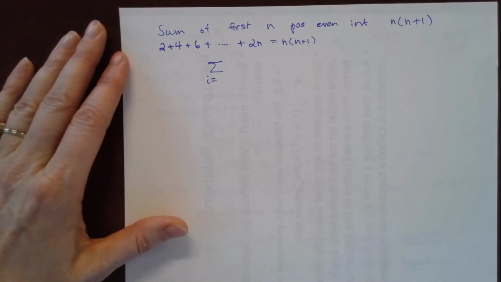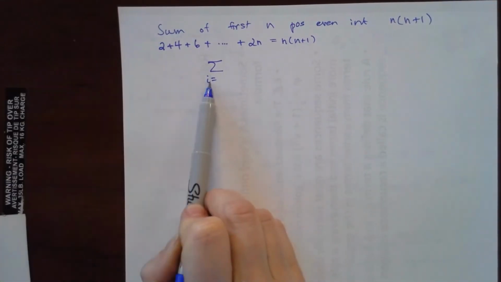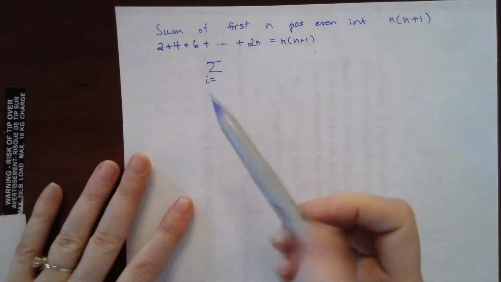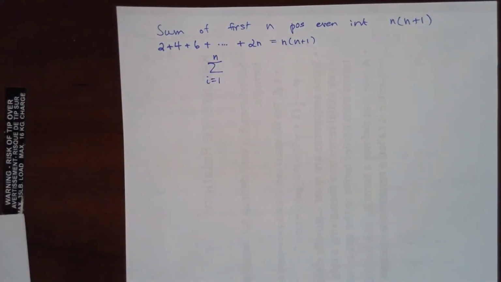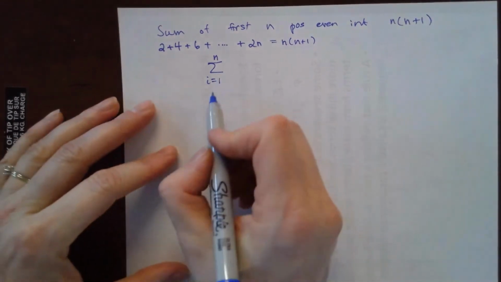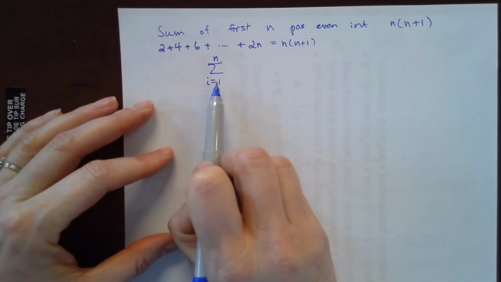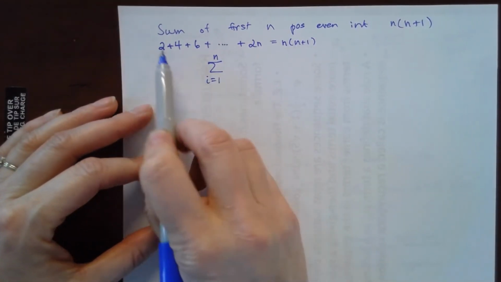We're adding n things. So this index, there better be n different indices. So probably it makes sense to start at 1 and go up to n. That would give me n different things. If you wanted to start at 0 and go up to n minus 1, you could, but that's not very natural.